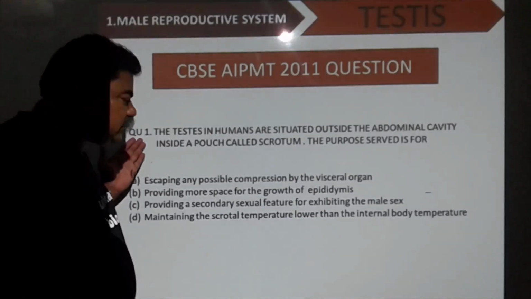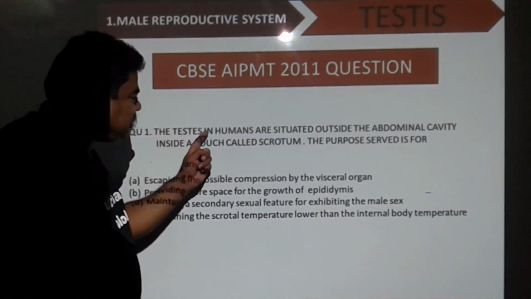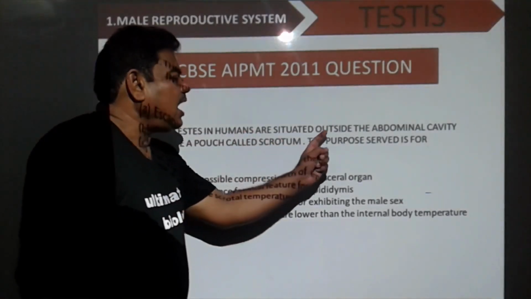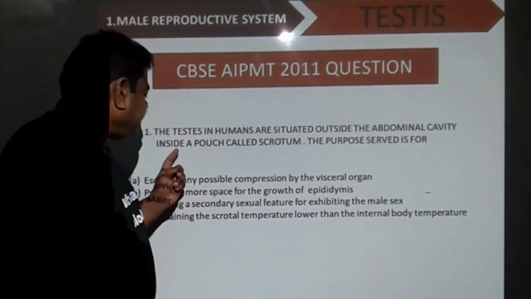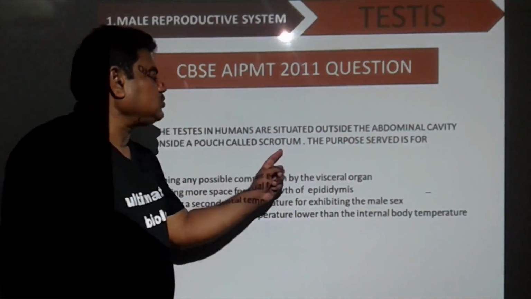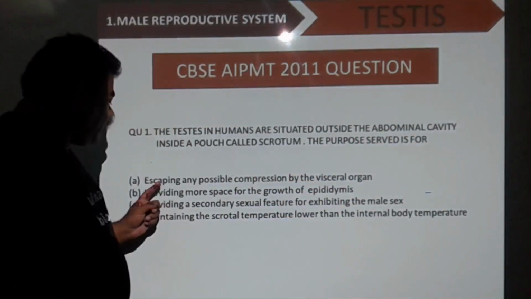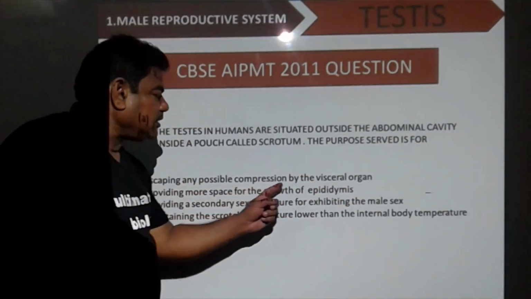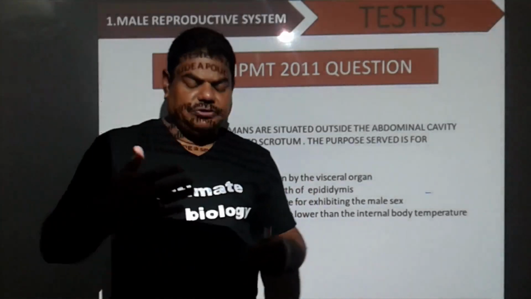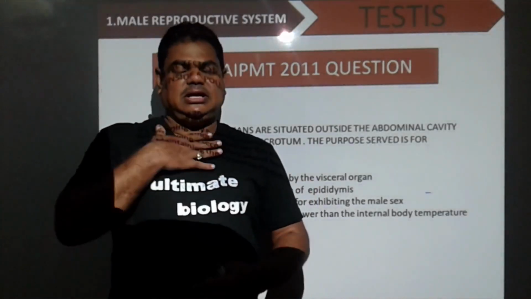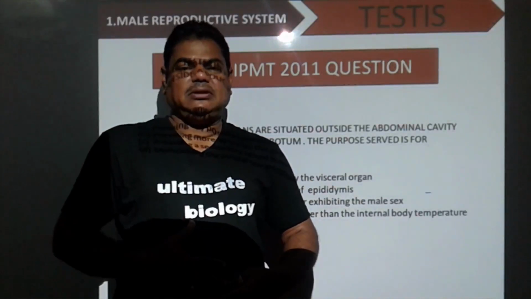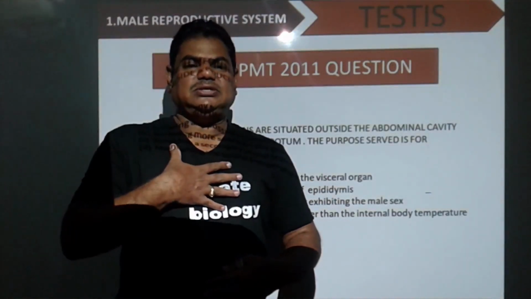See here the question. The testes in humans are situated outside the abdominal cavity, inside a pouch called the scrotum. The purpose served is escaping any possible compression by the visceral organs. Now, visceral organs are present in our abdominal cavity or in the thoracic region.